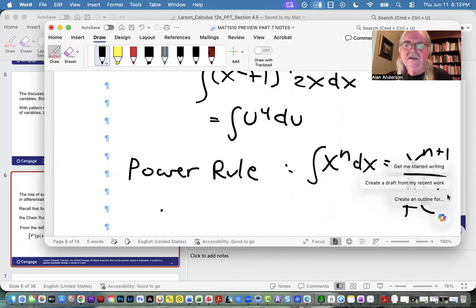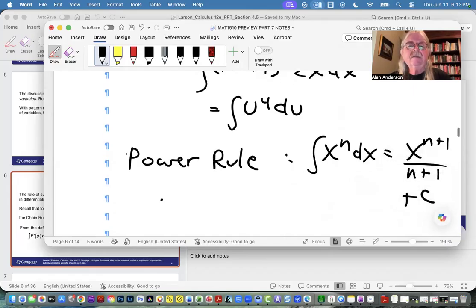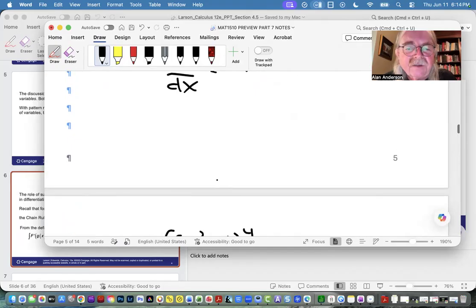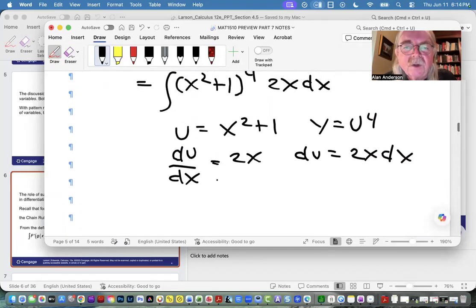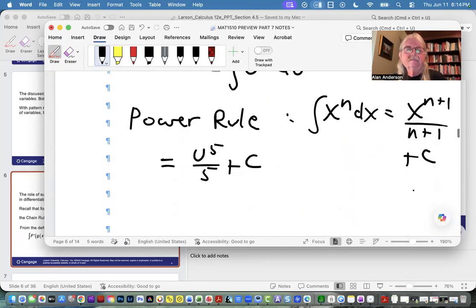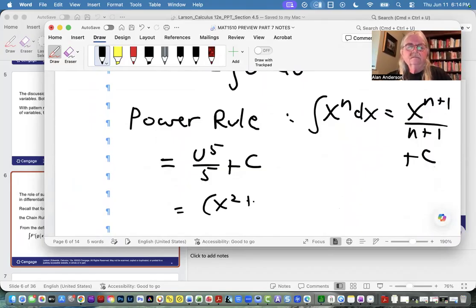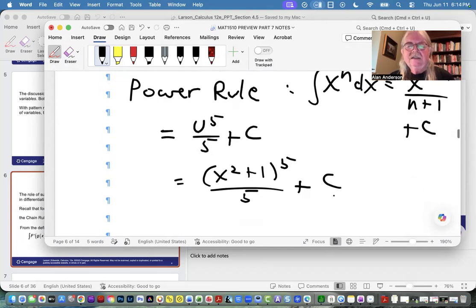And of course, don't forget the constant. All right, so that means what we have here is u to the fifth over 5 plus c. And now I can replace u with the original definition, which is x squared plus 1. All right. And that's how it works.